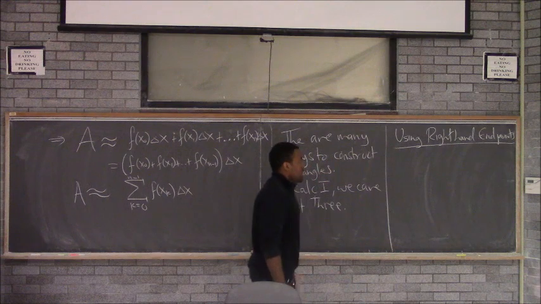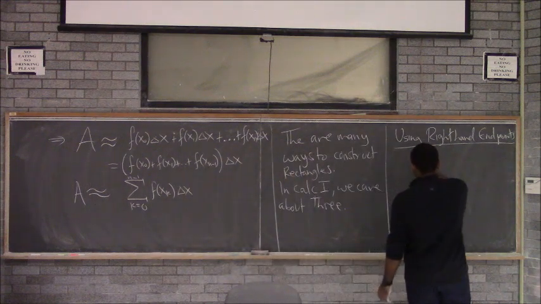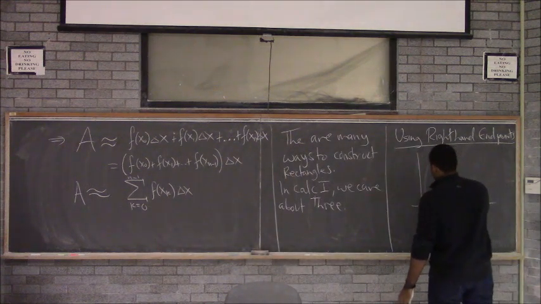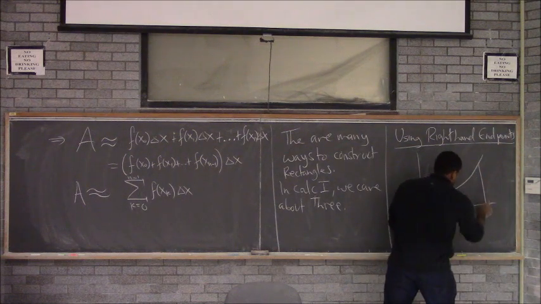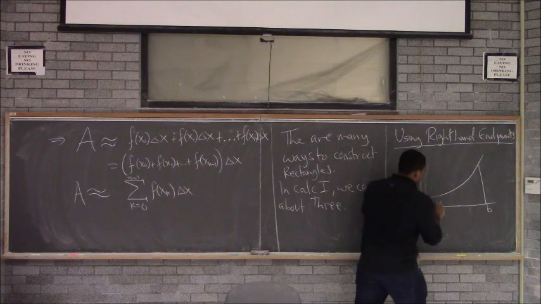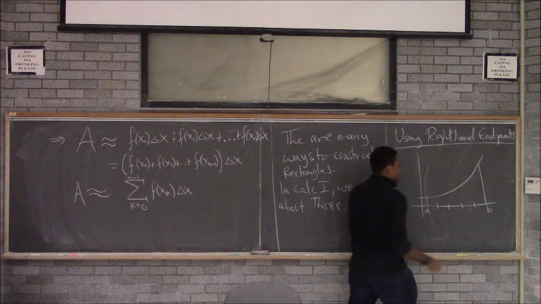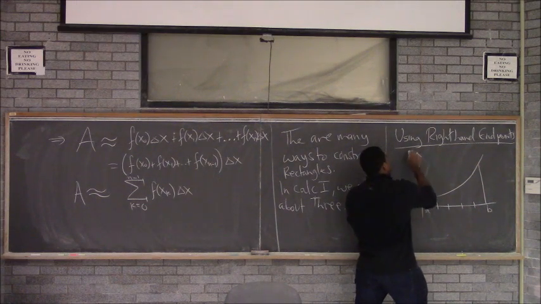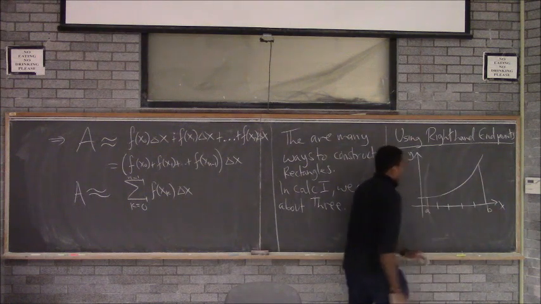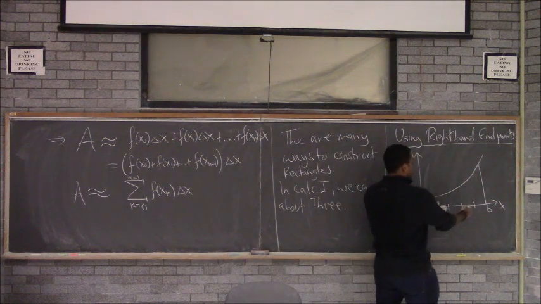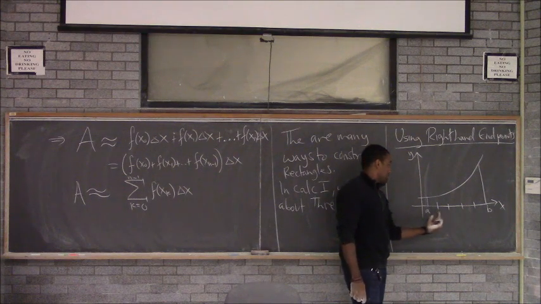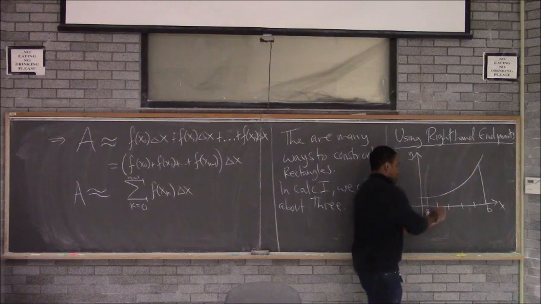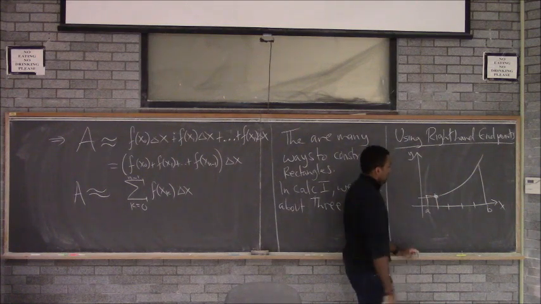Okay. Now, what does it mean to use right-hand endpoints? So here's our function. Here's our interval. I want to cut this up into, say, 5 pieces. Right-hand endpoints means I'm going to look at each subinterval, and the right side of that subinterval is going to determine the height. So I'm going to look at the first subinterval, the right side travels up, hits the function, that's the height.